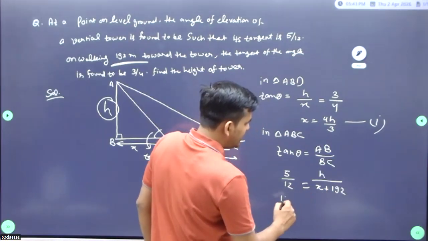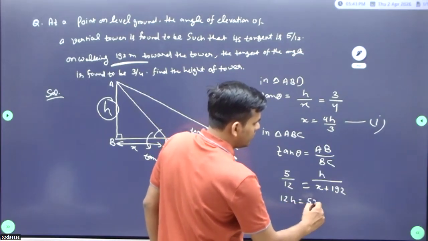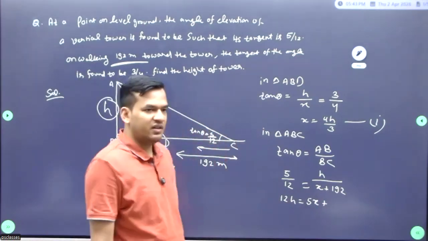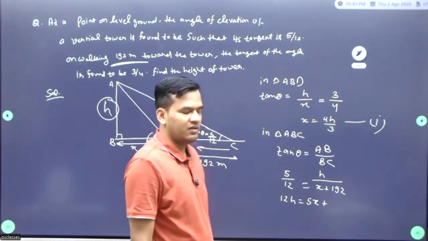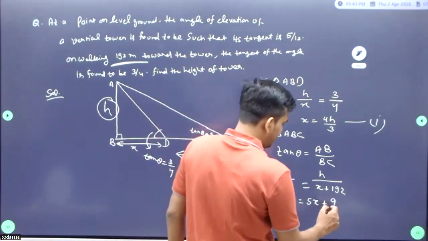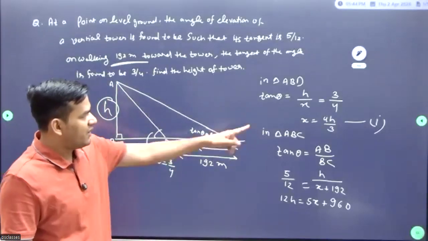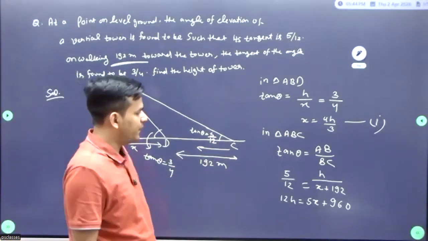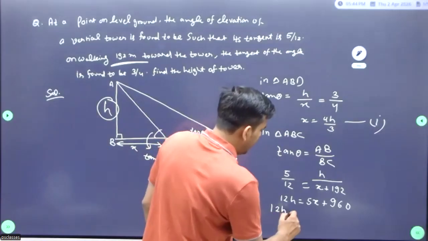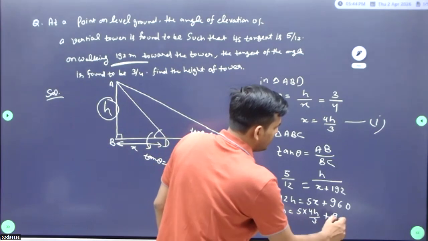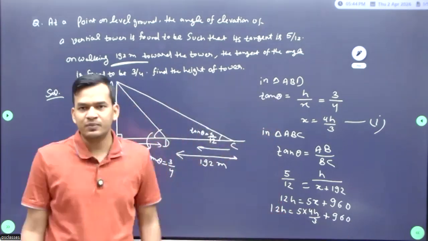Cross multiply: 12h equal to 5x plus 5 into 192, that is 960. Now you can put the value of x in this equation. 12h equal to 5 into 4h by 3 plus 960. After solving this, you will get the value of h.